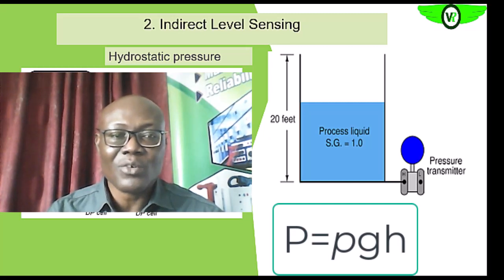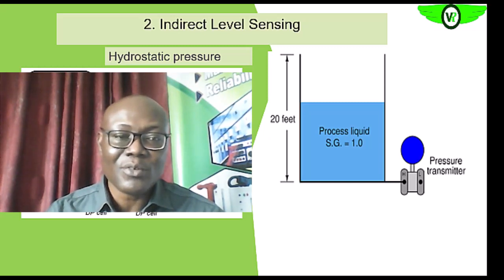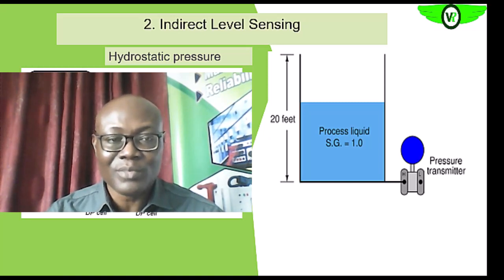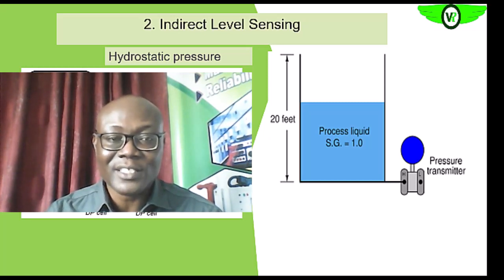Where rho is the density of the fluid in the vessel, g is the acceleration due to gravity, and h is the height. So since rho and g are constant, as h is varying, what will happen to the pressure? It will be varying, and h is the height or level of the fluid in the tank.